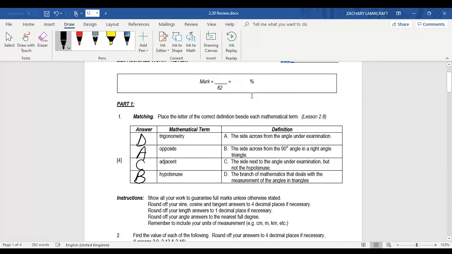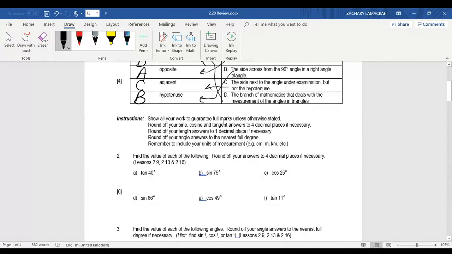So once again, trigonometry is the branch of mathematics that deals with the measure of angles. The opposite side is the one across from the angle under examination, the adjacent side is the one right beside it, and finally the one across from the right angle or 90-degree angle would be our hypotenuse.